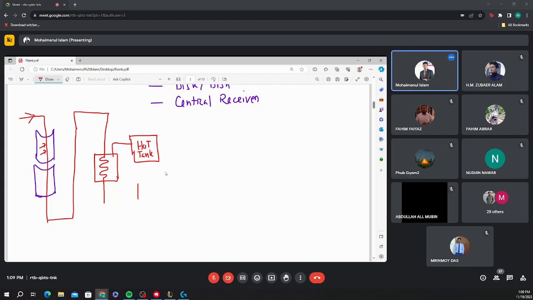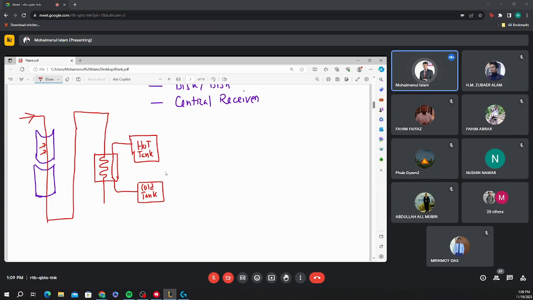Okay, so the hot water comes here, exchanges the heat, and these are our storage tanks. One is cold tank and another is hot tank. That means the water exchanges the heat to the cold water, and then the cold water goes and is stored in the hot tank.